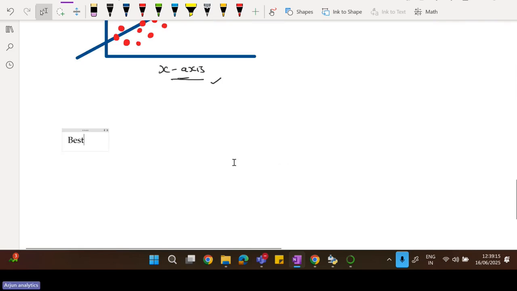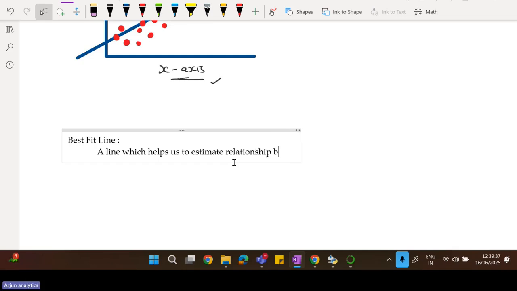What is the best fit line? A line which helps us to identify or estimate the relationship between independent and dependent column is called the best fit line, a straight line.